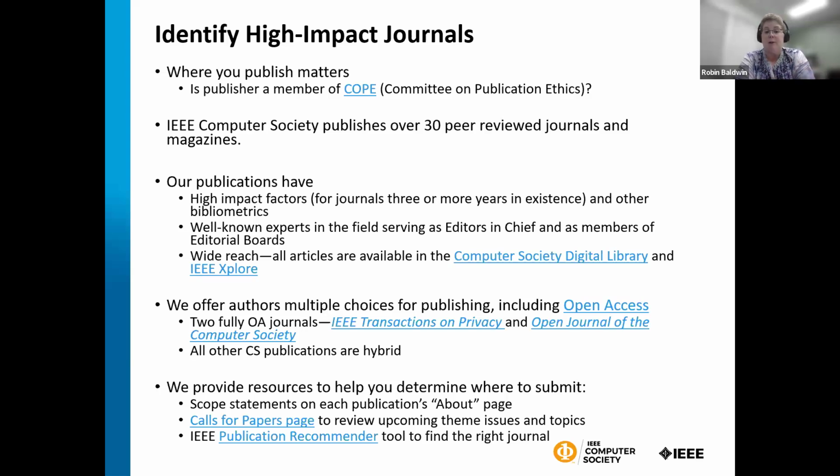We also provide resources to help you determine where to submit. Again, the scope statements of each journal are listed on the journal's about page. We also have a calls for paper page that includes upcoming theme issues and topics and deadlines for when those submissions are due. And IEEE also has a publication recommender tool to help authors find the right journal to submit to.